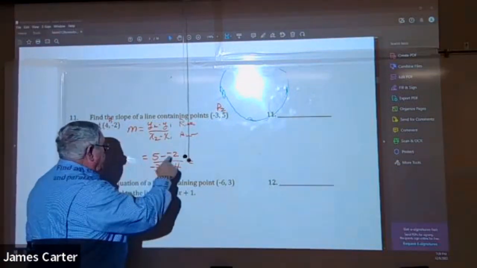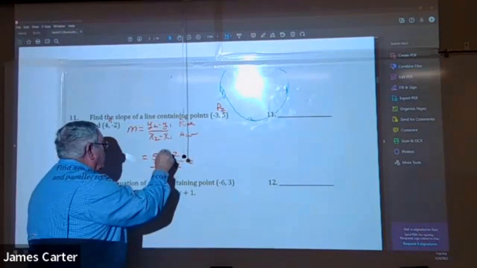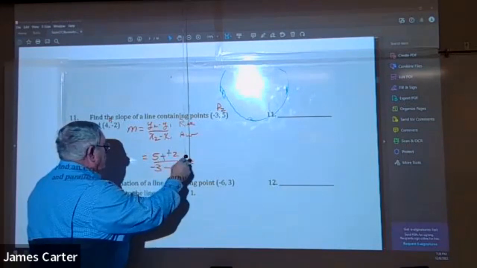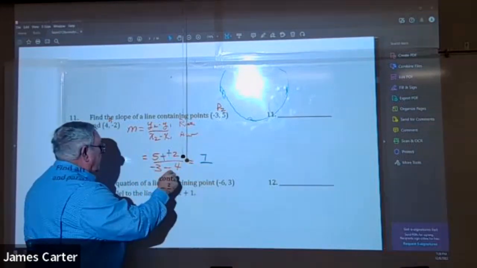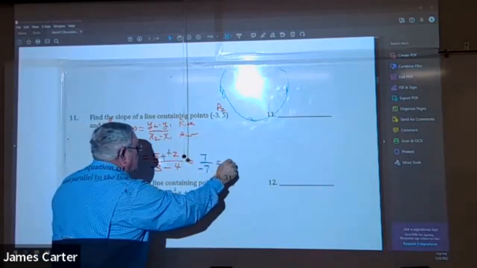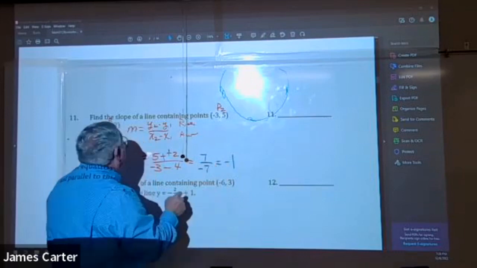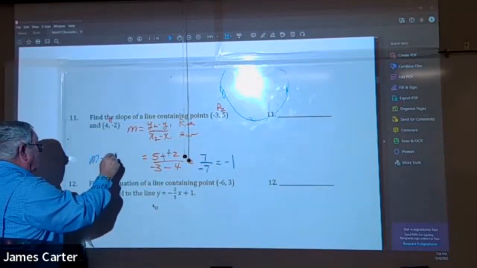Now, from there, we're going to do this. So 5 plus 2 is 7. -3 minus 4 is -7. So this thing equals -1. So your final answer then, m equals -1.